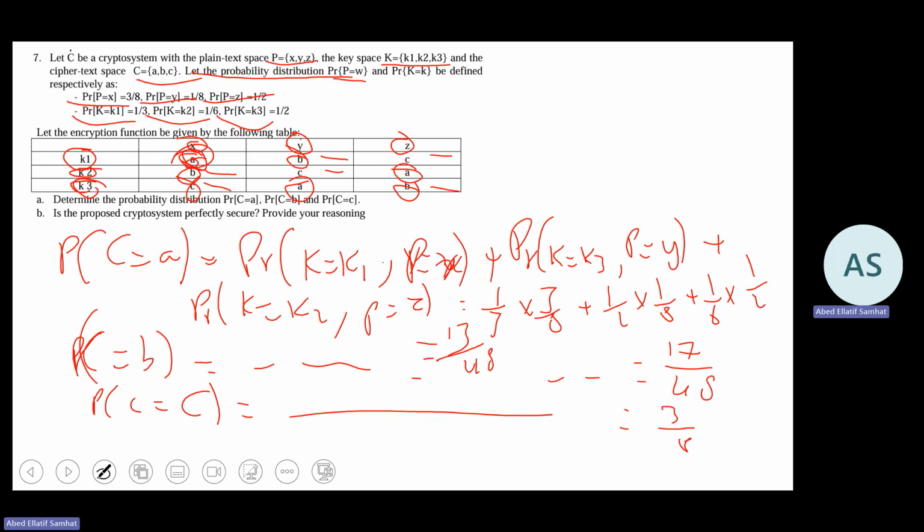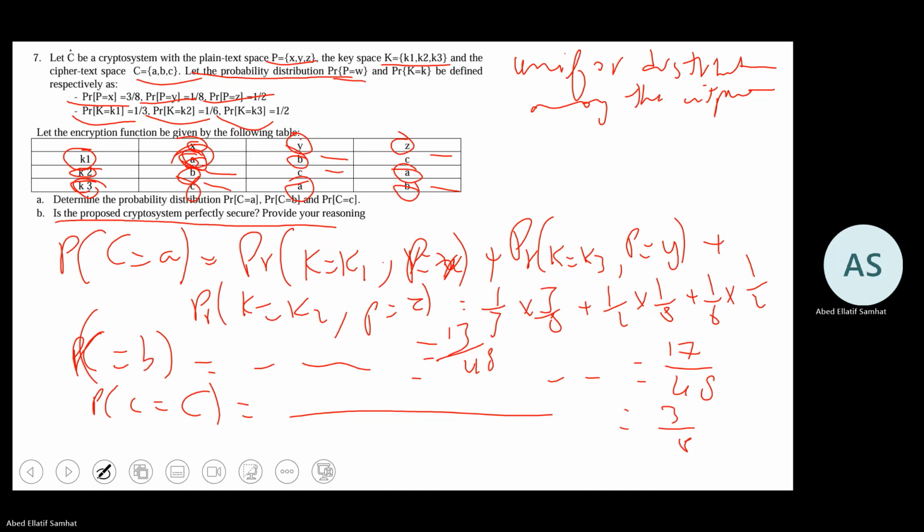So the question is: is the proposed system perfectly secure, and provide your reasoning. One of the main characteristics of a good and secure crypto system is to have what we call a uniform distribution among the ciphertexts.